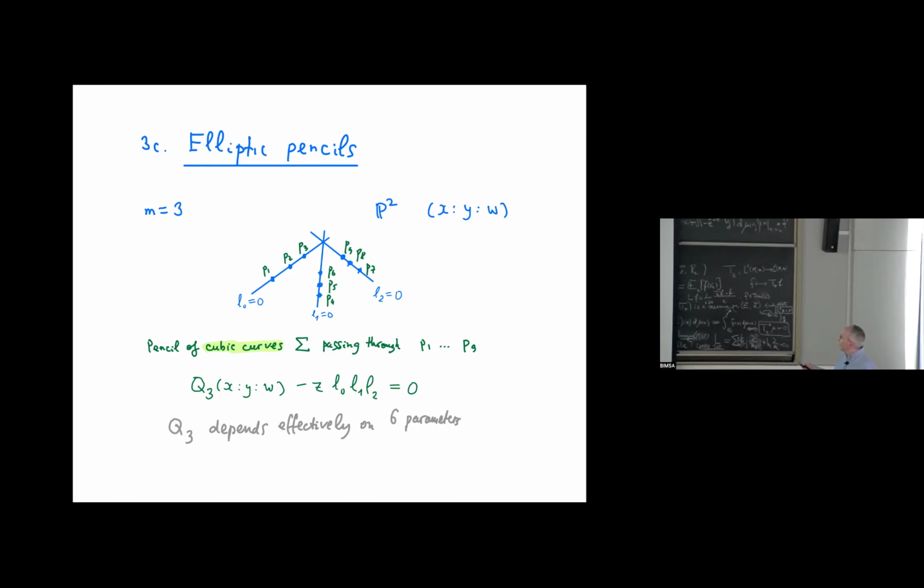And so the elliptic vibration I discussed before for the integrable system becomes, you can identify it with the elliptic vibration on this P2 by the members of this pencil. So you have a one-dimensional family.